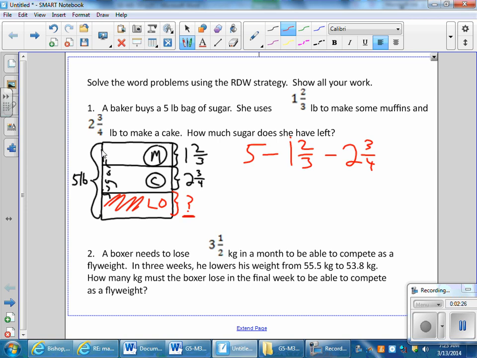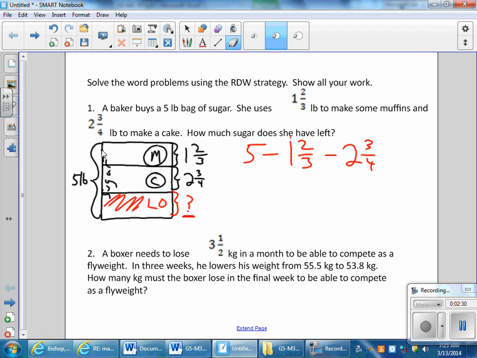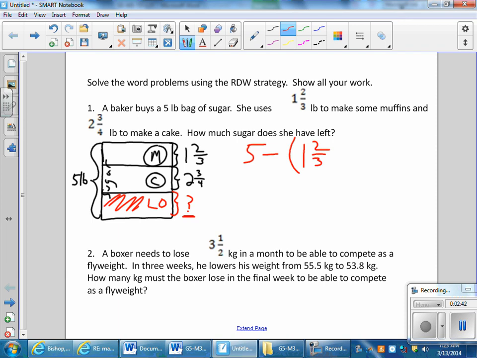Now, from yesterday's work and Tuesday's work, I can see that I can change this to do it in one step by making this in parentheses and taking away 1 2/3 and, see the addition sign, 2 3/4.